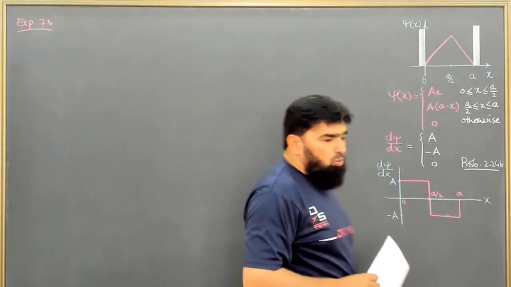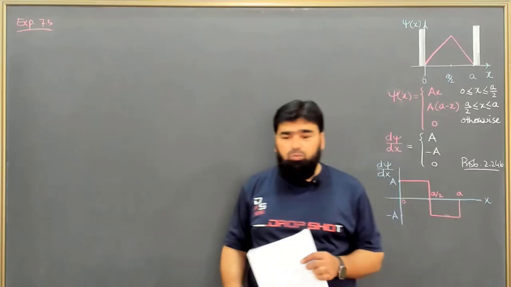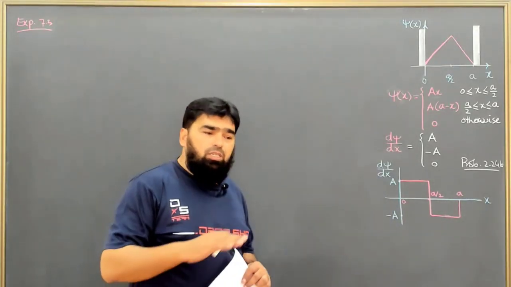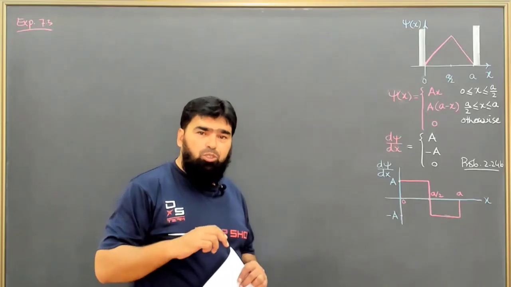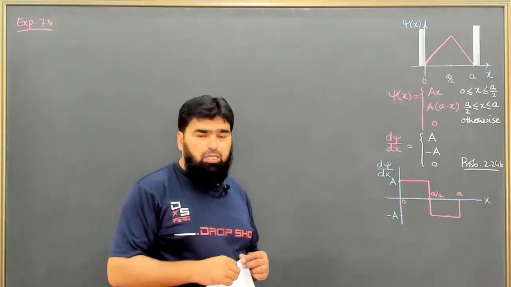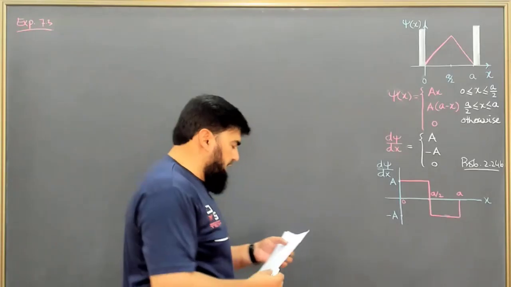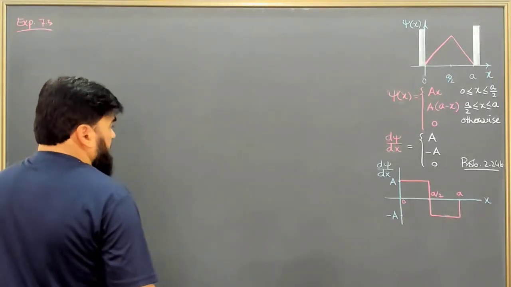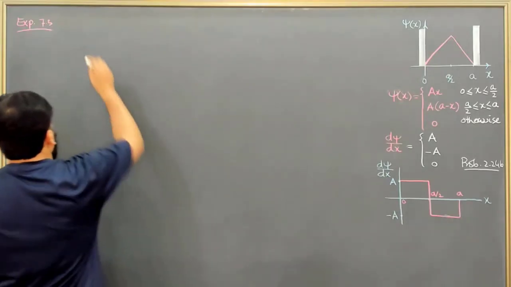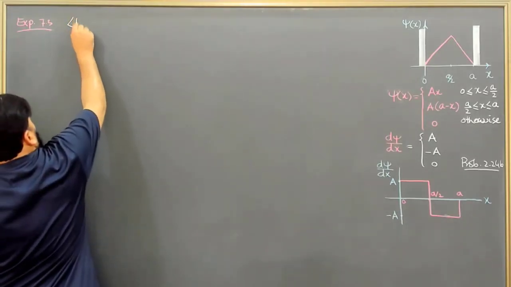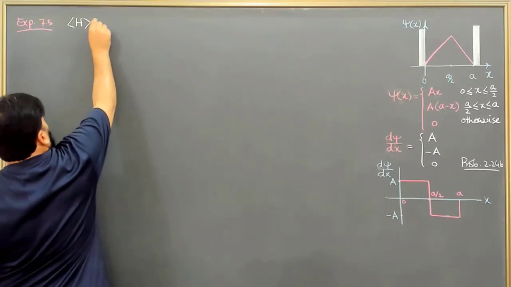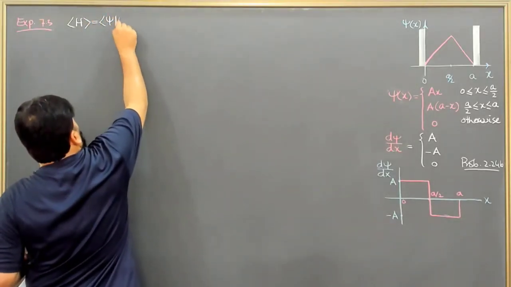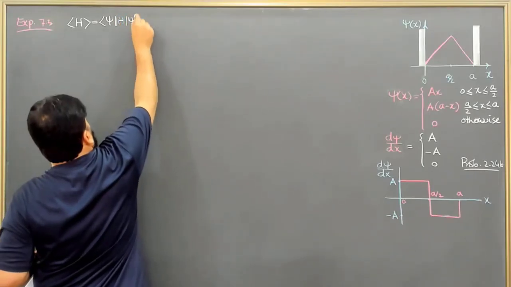So we are going to find the energy of this particle, we are going to find the upper bound to this energy of the particle in this potential well. So let's start here. The very first thing, we will find the expectation value of H, which will be psi H psi.